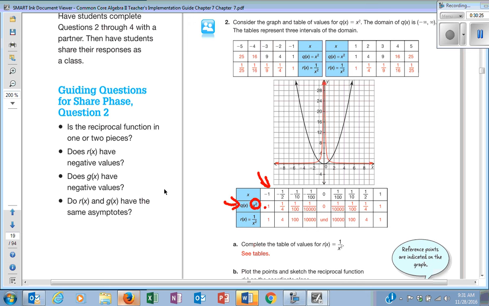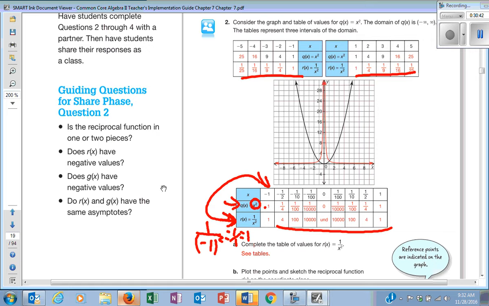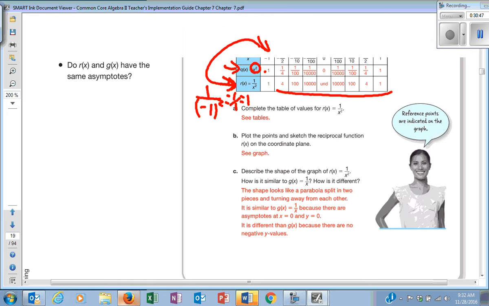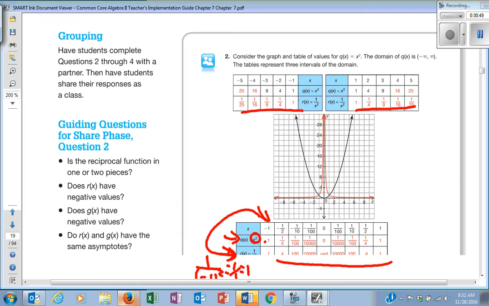For 1 over x squared, they took x equals negative 1 and plugged it in. 1 over negative 1 squared gives you 1 over 1, which is equivalent to 1. That's how they filled in all of these values for the rest of the chart. All right, so complete that table. Now plot the points, and they see the graph. There's the graphs for you.